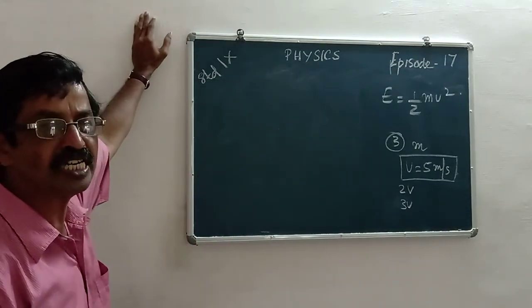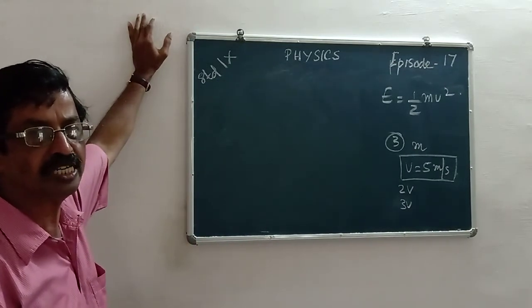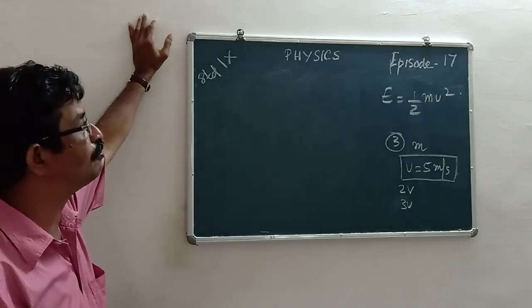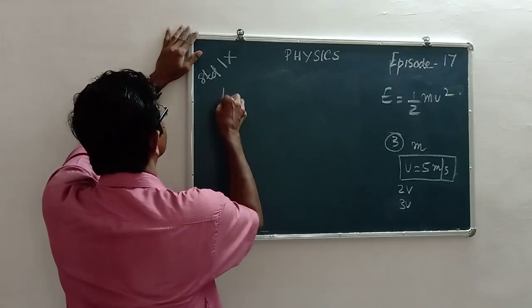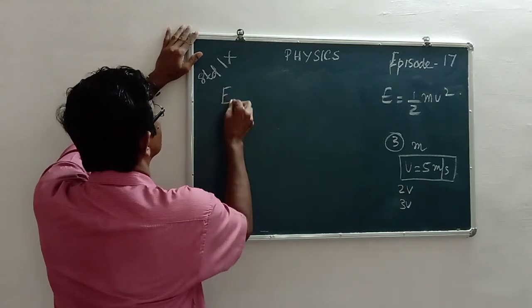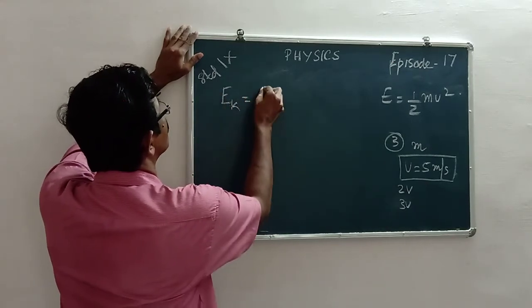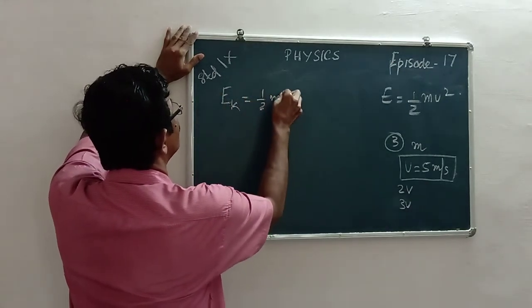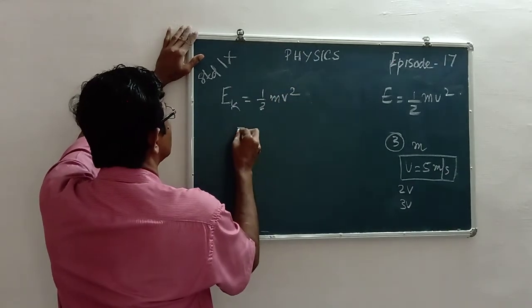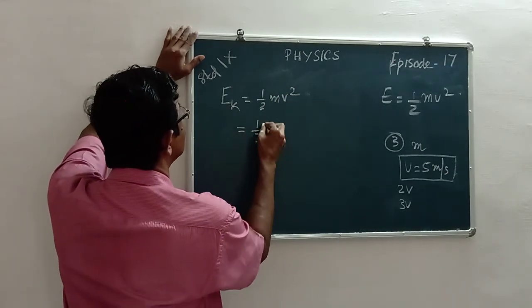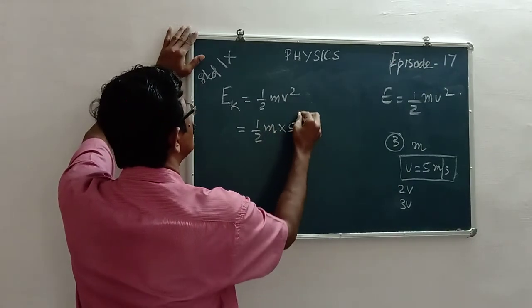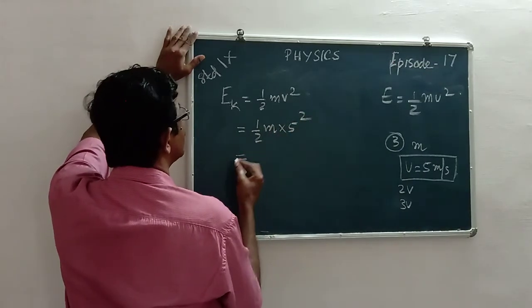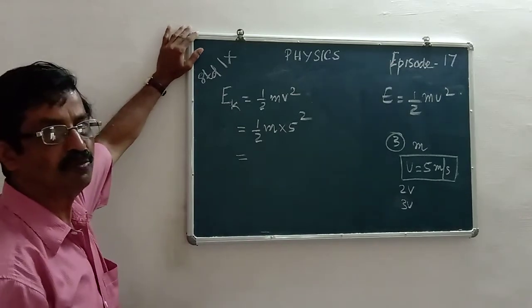So its kinetic energy, Ek, is equal to half m v square, that is half into m, mass is m and velocity is 5, so 5 square. How much will this be?